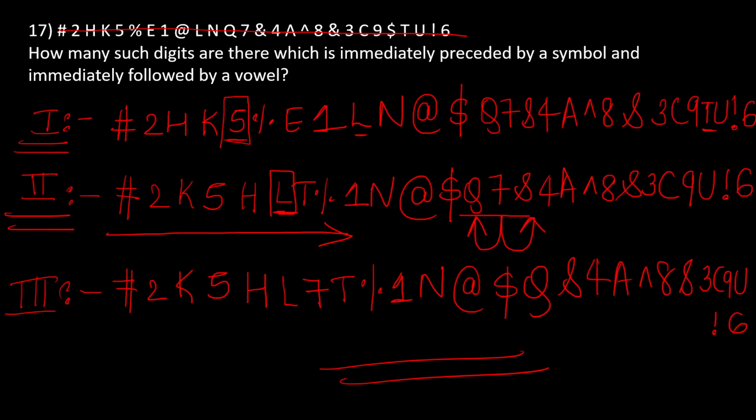Now you need to answer the question. What is the question? How many such digits are there which are immediately preceded by a symbol and immediately followed by a vowel? If you have taken the screenshot, they have said step 3 is the final arrangement and answer the following question based on the final arrangement.